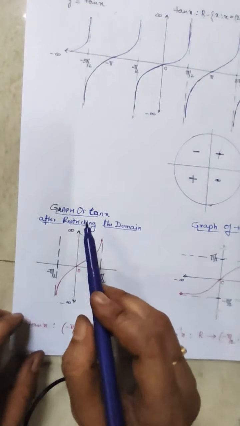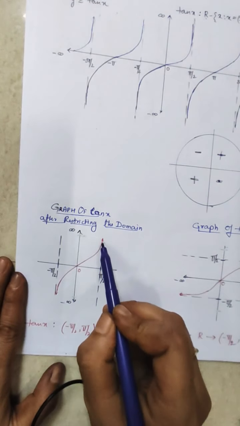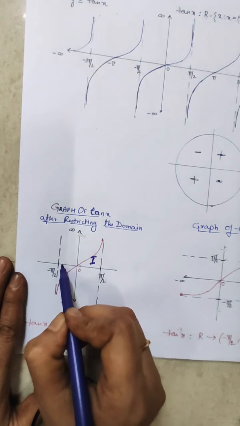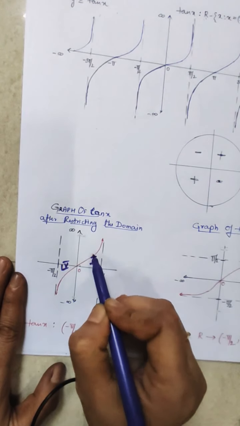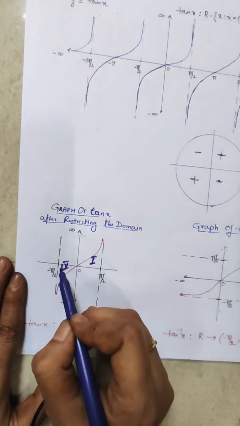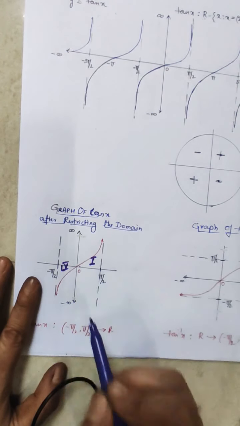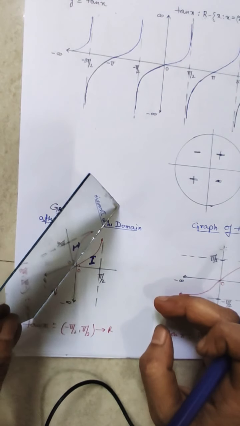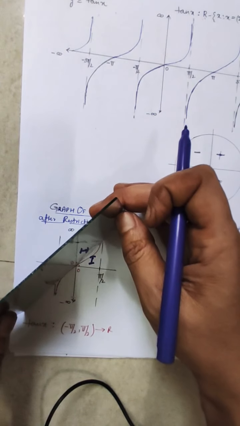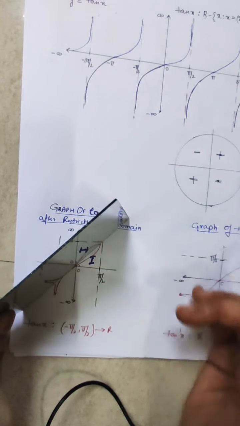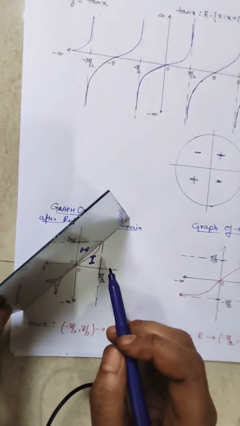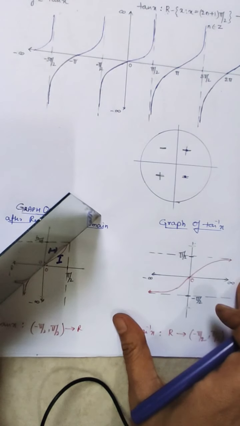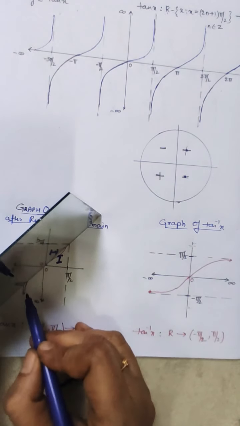Now you can see the graph here. After restricting the domain, this one we have taken, that means this is the first quadrant and this part is the fourth quadrant, where tan is positive in the first and negative in the fourth quadrant. The same you can do by placing the mirror and seeing the image. It is not that much visible, only this part you can see.